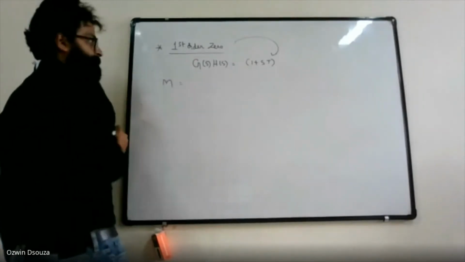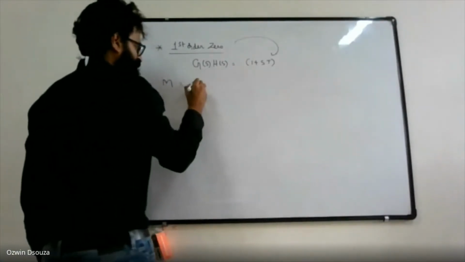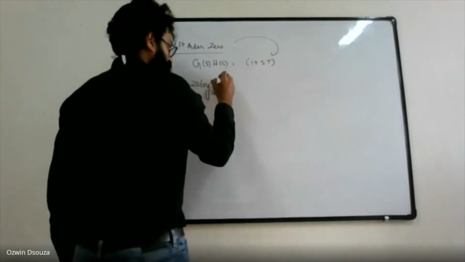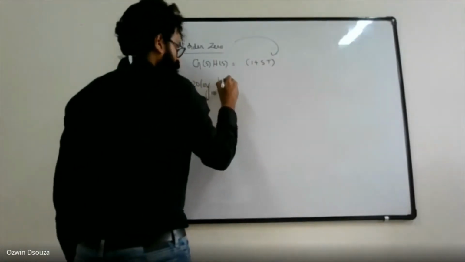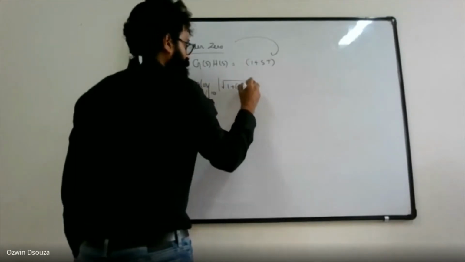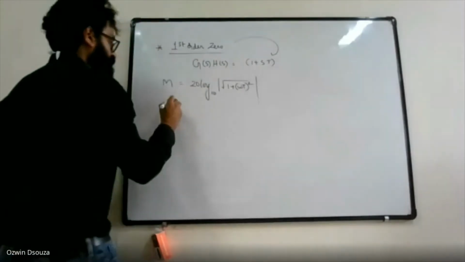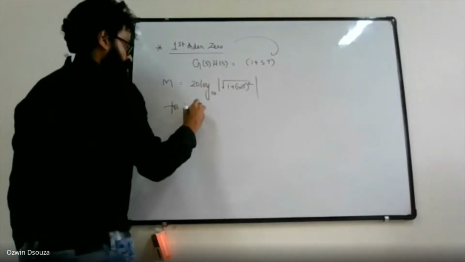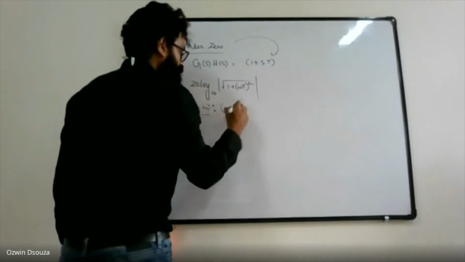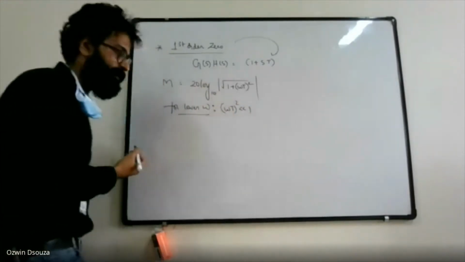The magnitude in dB becomes 20 log to the base 10 of the modulus of under root 1 plus omega t the whole square. For lower omega values, omega t the whole square is very small compared to unity.